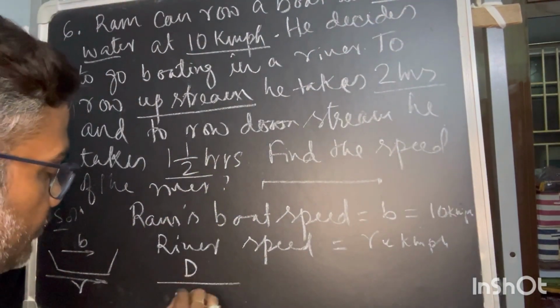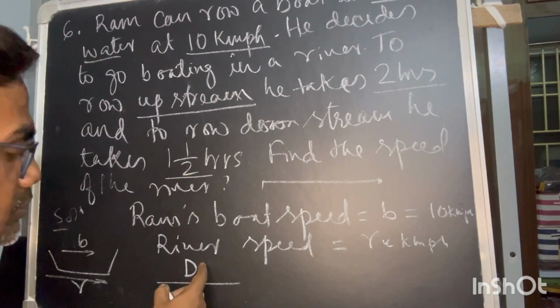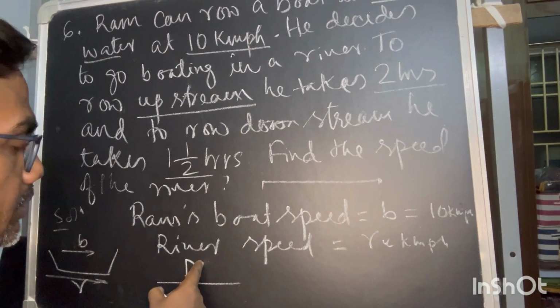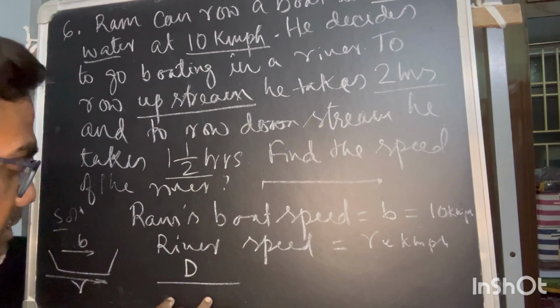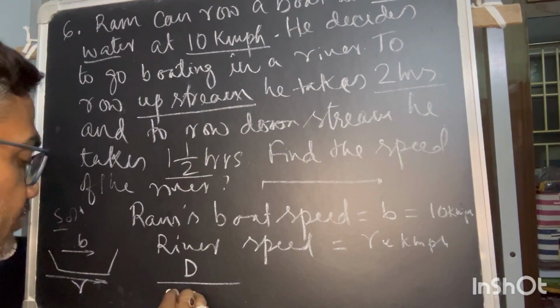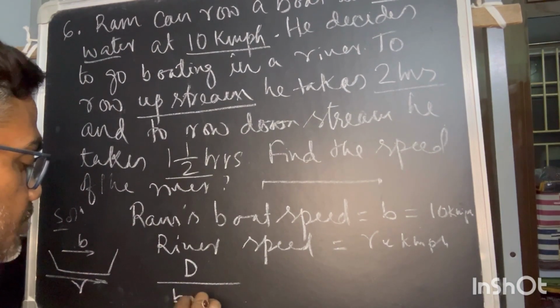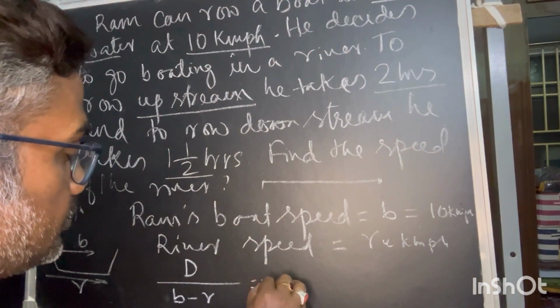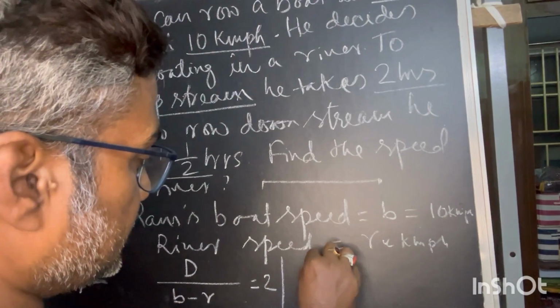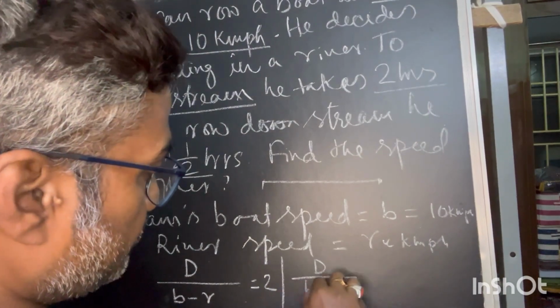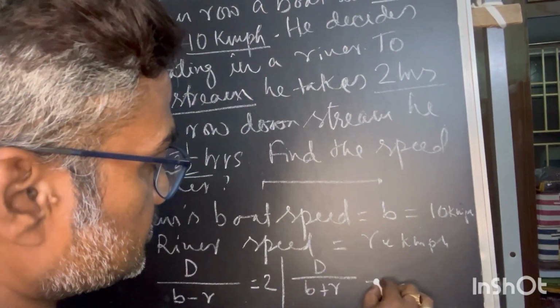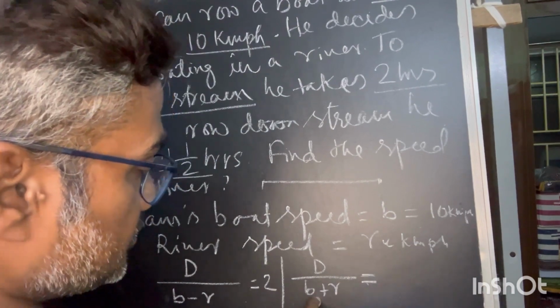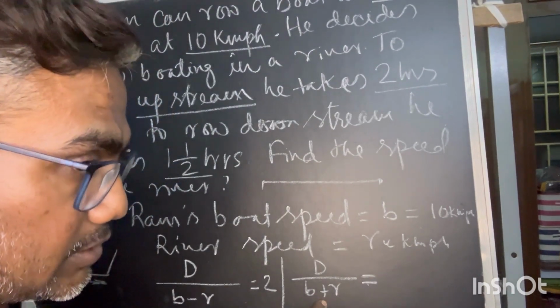So for the same distance, in the first case, when time is more, the denominator must be less. So the boat speed minus river speed, d upon b minus r, is equal to 2. And for the second case, d upon b plus r will be the lesser time, because the denominator is higher.